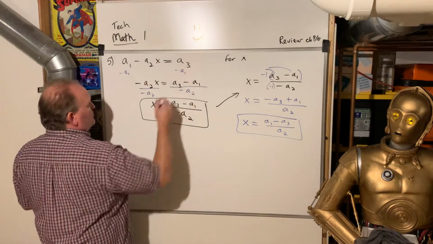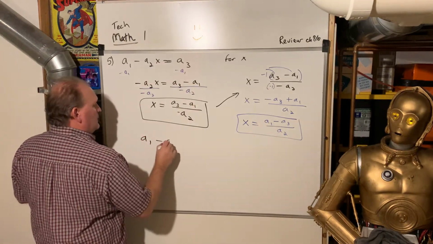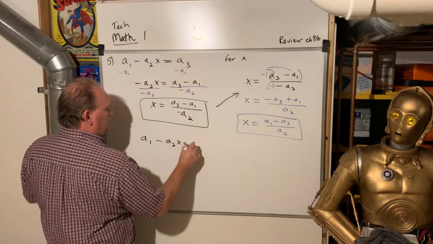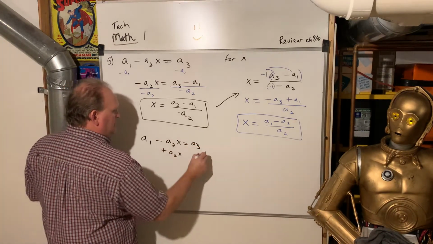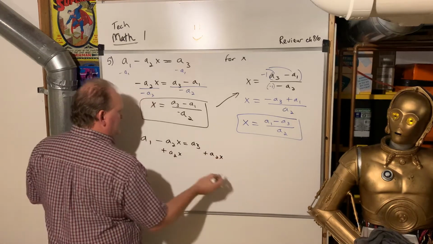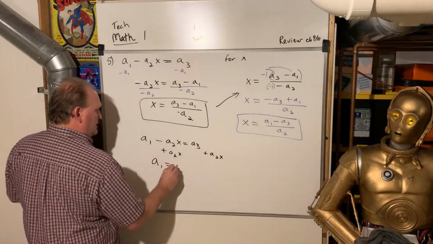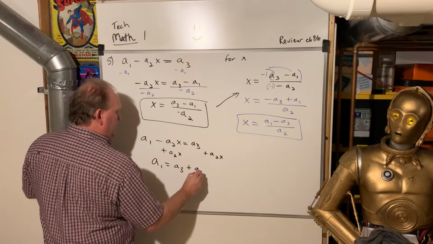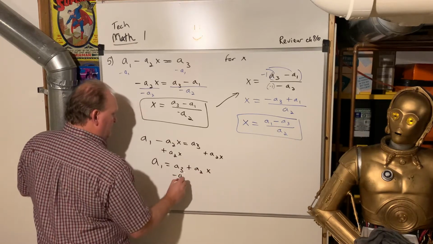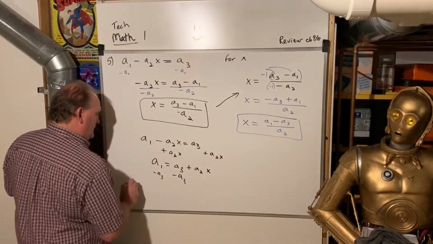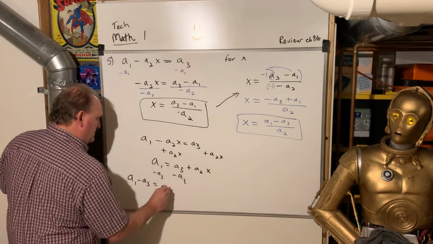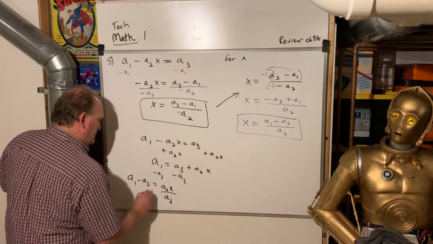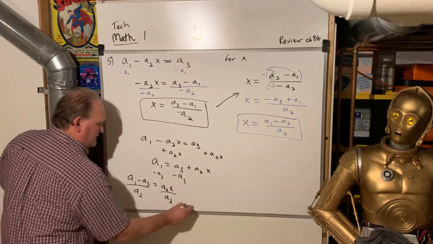There is a third way. I was talking to a student and they said they did it this way, where they added a sub 2 x to both sides and then solved. So then move the a sub 3 over. A sub 1 minus a sub 3 is equal to a sub 2 x, and then divide by a sub 2.